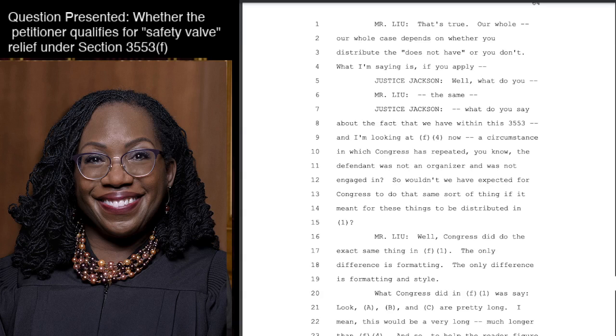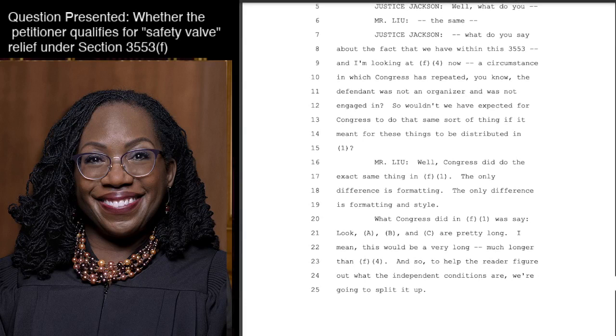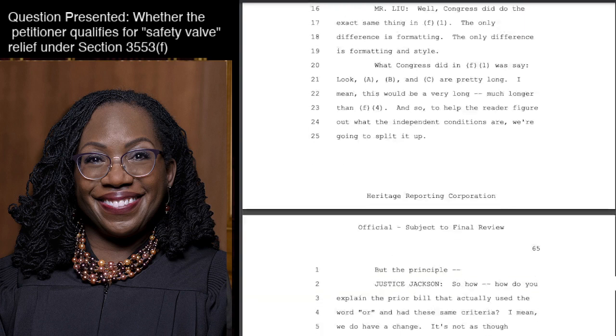Well, Congress did do the exact same thing in F1. The only difference is formatting and style. What Congress did in F1 was say, look, A, B, and C are pretty long. This would be much longer than F4. And so to help the reader figure out what the independent conditions are, we're going to split it up.